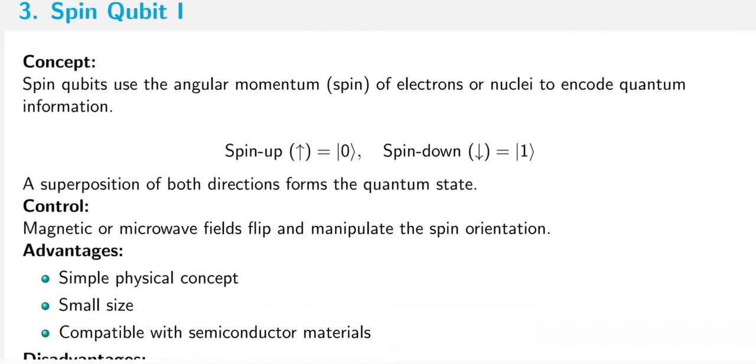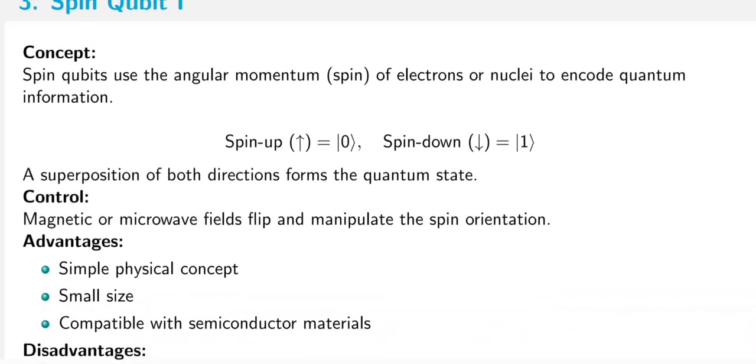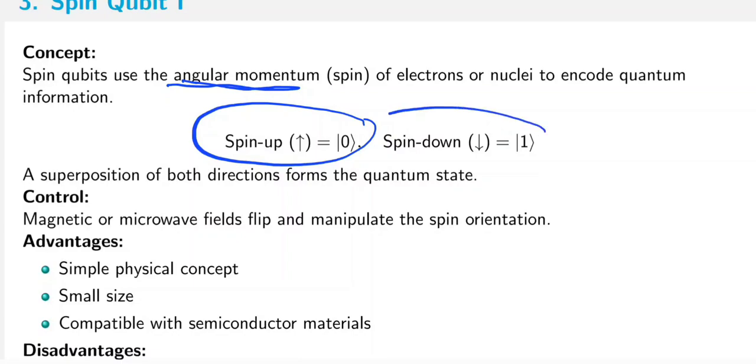So moving on to slide 3, spin qubits. This uses a tiny particle like an electron to represent information. If the spin points upward, we call it ket 0, which uses angular momentum, you need to remember. If it is pointing downward, that is 1.